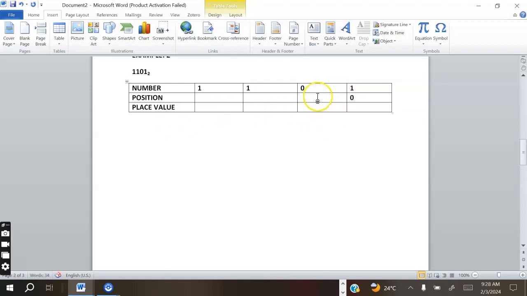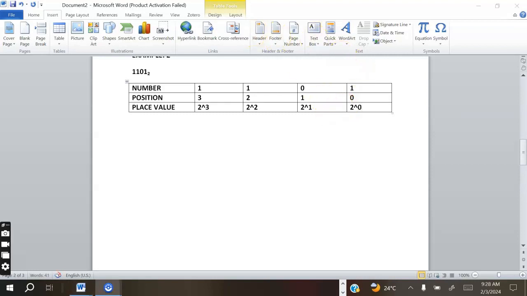You start from the right, that is from 0, 1, 2, and 3. This is 3. It's supposed to be base 2: 2 raised to power 3, 2 raised to power 2, 2 raised to power 1, and lastly 2 raised to power 0.